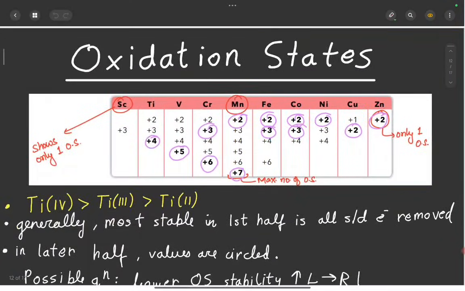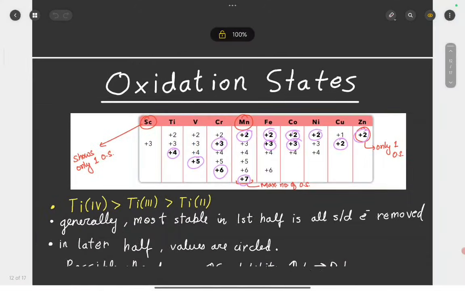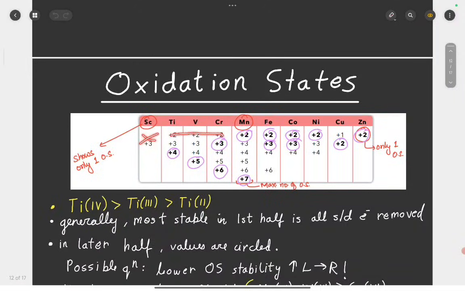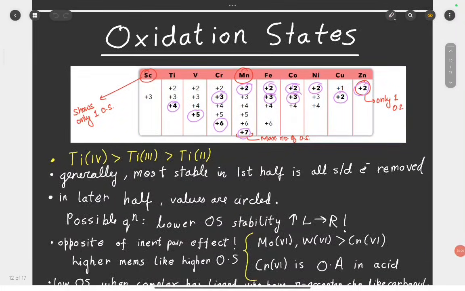Notice one thing, the only common oxidation state across all of them, except for scandium, is plus 2. Although scandium plus 2 also exists, it is very rare. It's not mentioned here, but as a general point, I tell you scandium plus 2 exists. So, like I wrote here, the most stable in the first half is the one which has all s and d electrons removed.